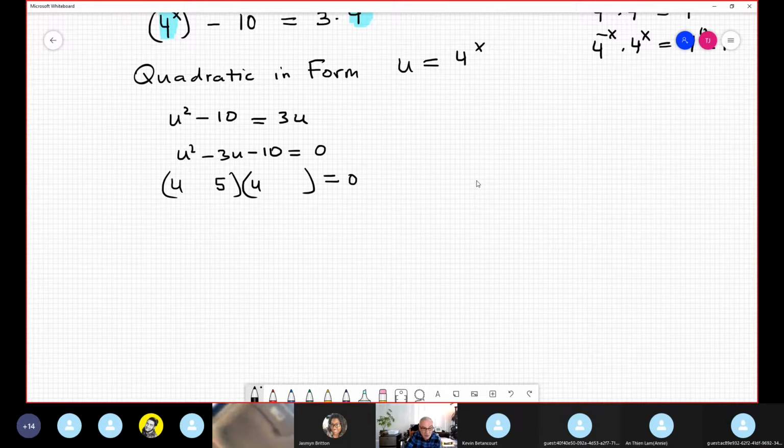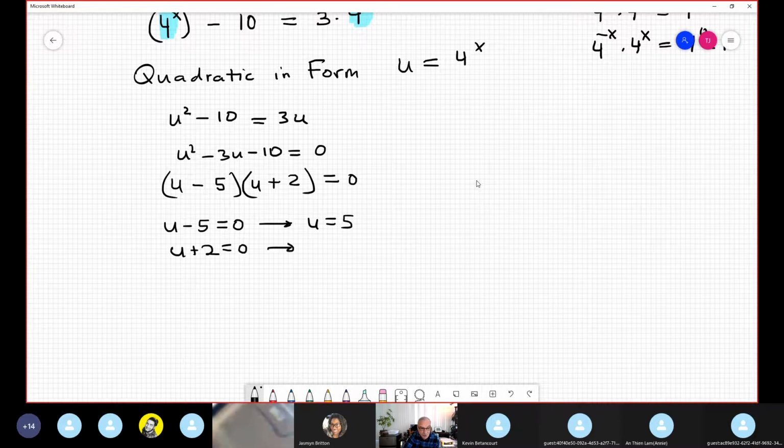Because 5 times 2 is 10, and 5 minus 2 is 3. Yes, and the signs are negative and positive. Classical factorization. Okay, you separate into a linear equation, u minus 5, and another linear equation, u plus 2, with negative 2. And this is the answer.